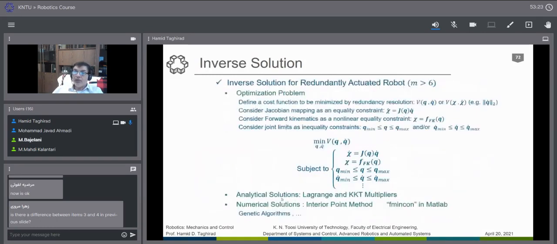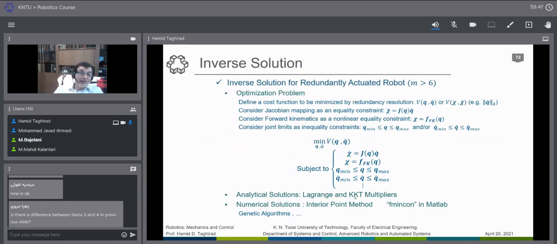But usually, this analytical solution requires knowledge of an optimization course that is usually offered in the electrical department, the control department. We have the convex optimization course, and usually we need the Lagrange and KKT multipliers.